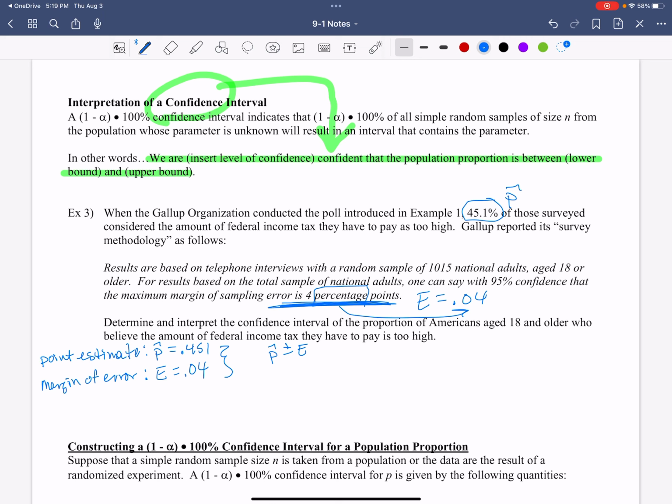So I have for the lower bound, we're going to have my p hat, which is 0.451 minus the margin of error of 0.04. And what do you get for that? 0.411.